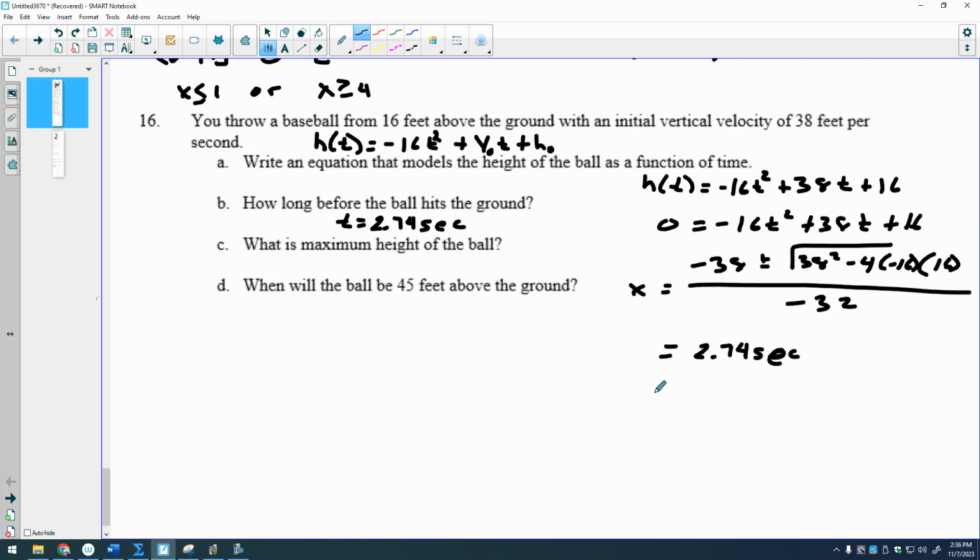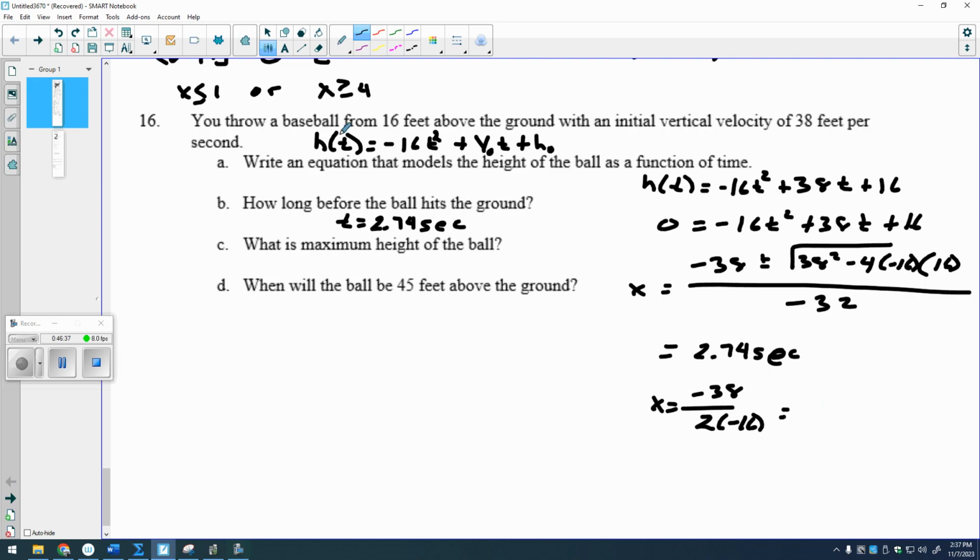Okay, what is the max height of the ball? This is in standard form. So I'm going to go x equals negative b over 2a. And I get negative 38 divided by negative 32. Let me grab a calculator.